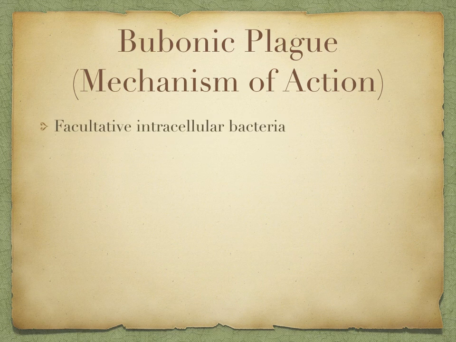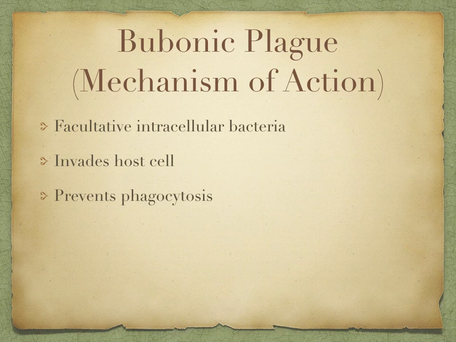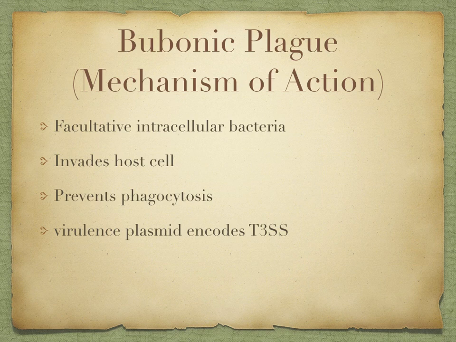Mechanism of action, it's a facultative intracellular bacteria. It invades the host cell, prevents phagocytosis, which we talked about earlier, similar to Salmonella. Right? Salmonella created its own phagocytosis, and this prevents phagocytosis. And then again, it's using type 3 secretion systems with a virulence plasmid.